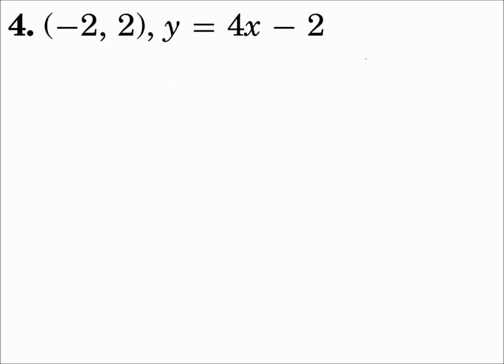Number 4. What about a line through the point -2, 2 that's parallel to y equals 4x minus 2? Find the slope first. Well, this is in slope-intercept form, so the number in front of x is the slope, and that's 4. M equals 4. Now use that slope and your point -2, 2 to find b.